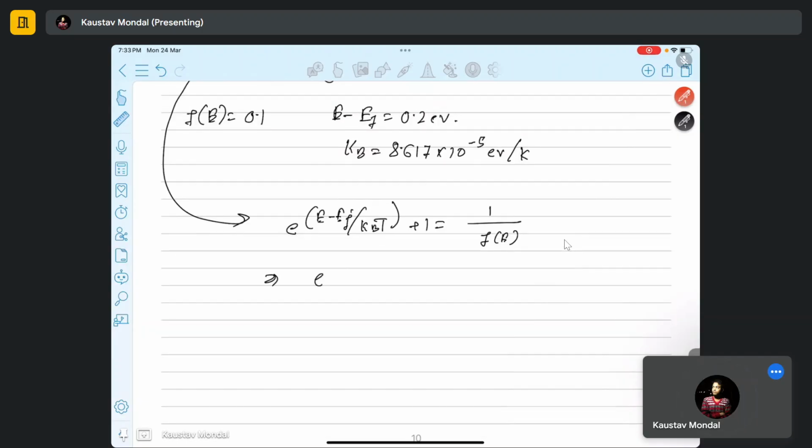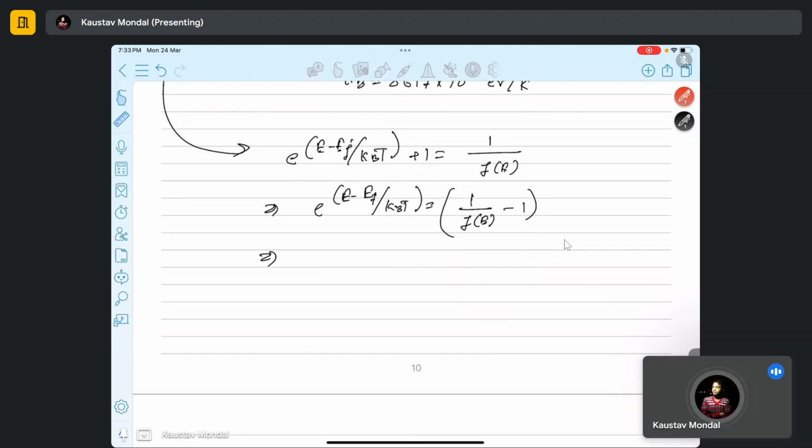That means e to the power (E minus EF) by kBT gives you 1 by F(E) minus 1. Then if you take the natural log on both sides, (E minus EF) by kBT gives you log of (1 by F(E) minus 1).